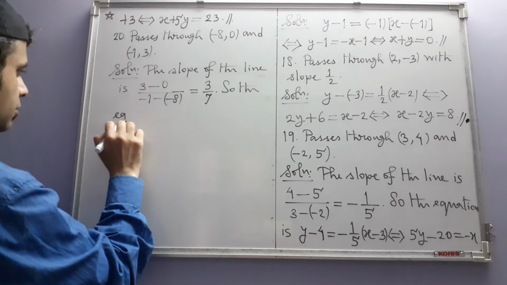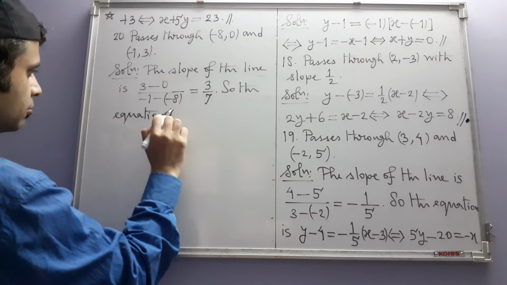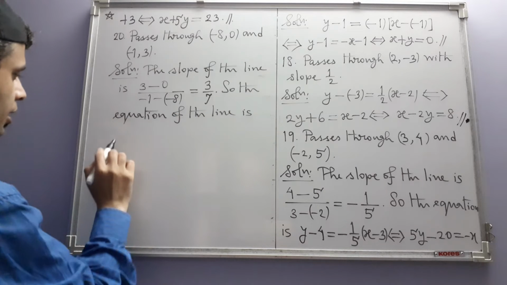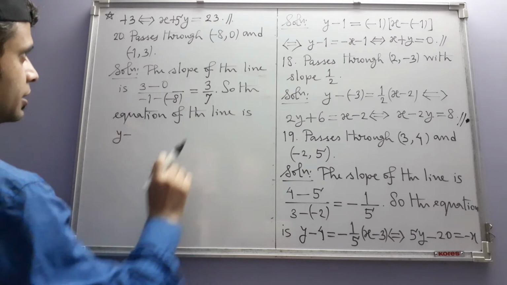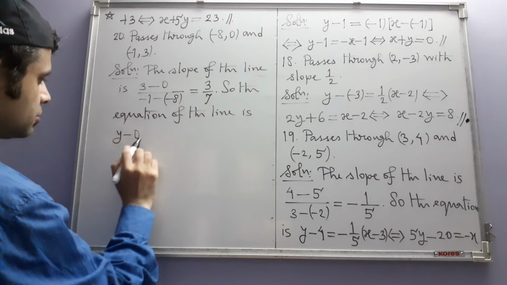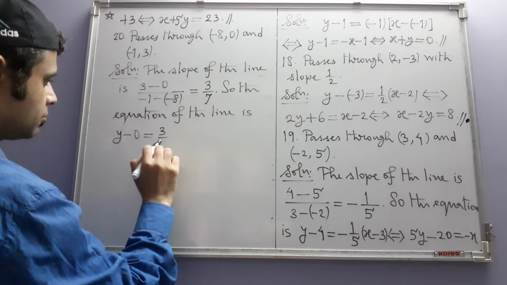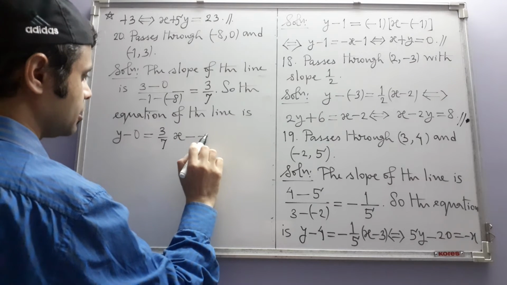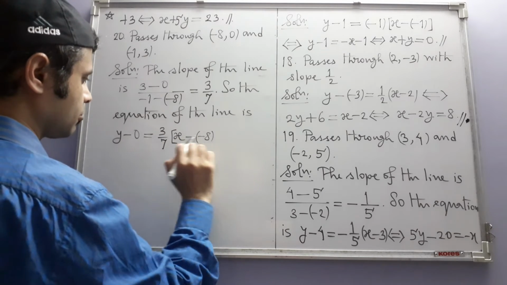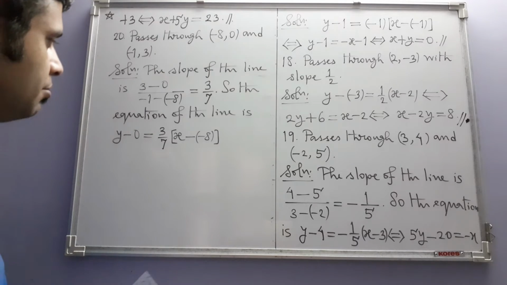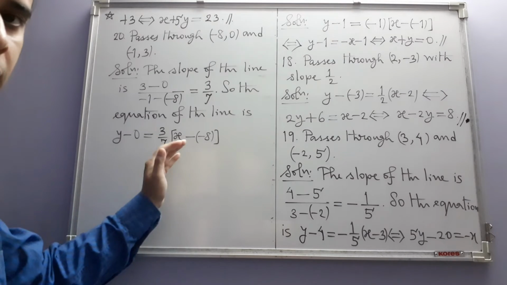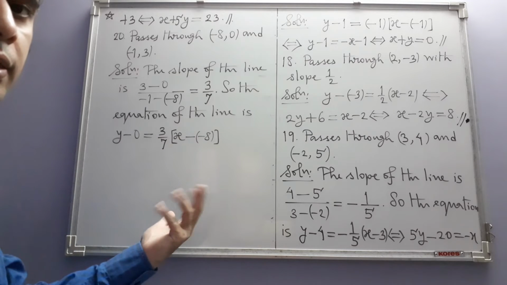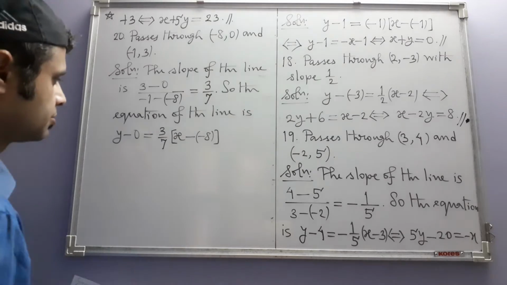So the equation of the line is y minus, let's use this one, 0 equal to 3/7 times x minus minus 8. It may seem like a bit much to always write minus minus 8, but it helps us do the thing correctly and make less mistakes.